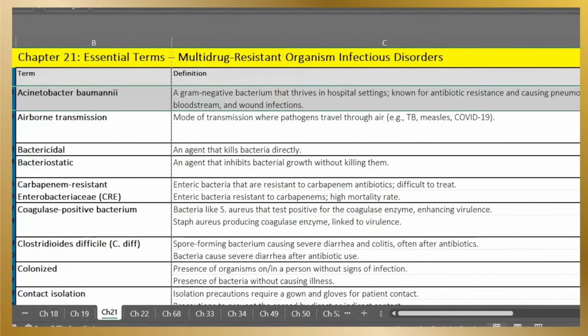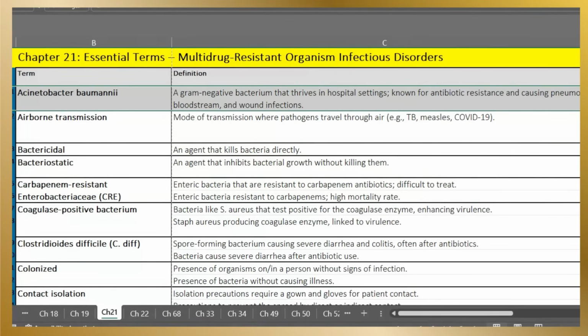Known for antibiotic resistance and causing pneumonia, bloodstream, and wound infections. So think about baumannii as the antibiotic-resistant ICU bug.